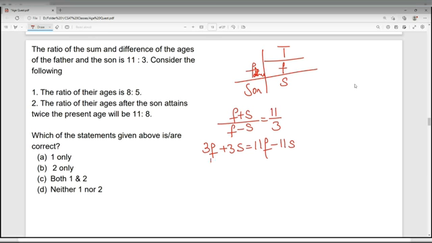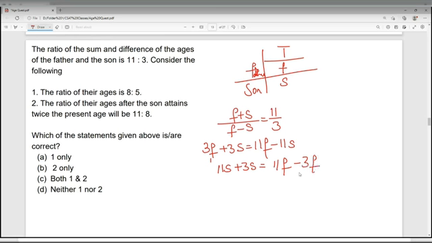So if we bring s here and f to that side, 11s plus 3s is equal to 11f minus 3f.